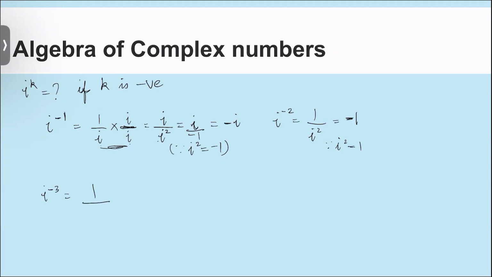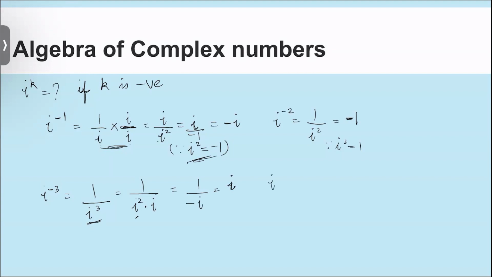That is 1 upon i cubed, which we simplify as i squared multiplied by i. So what is remaining is 1 upon -i, and the final answer that you get is i, when you get i in the numerator form.